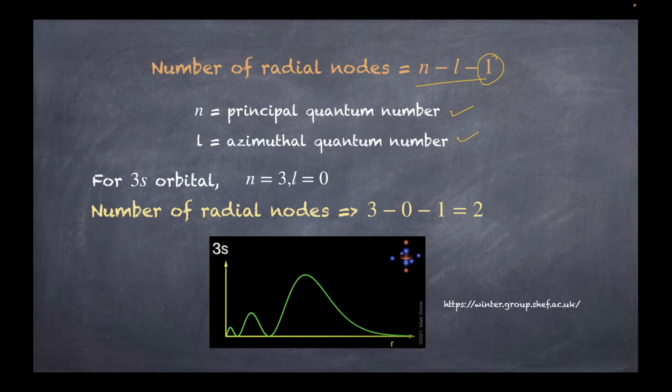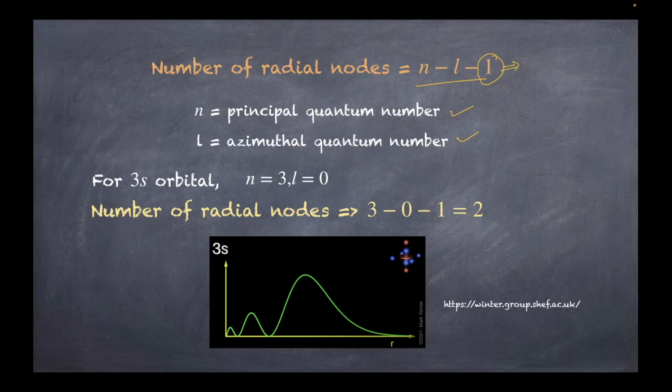That means the probability of finding an electron at a very large distance from the nucleus asymptotically becomes 0. So we will not count the position at infinity as a position of a radial node. That's why we are subtracting this 1.